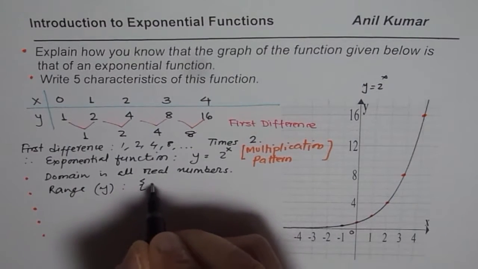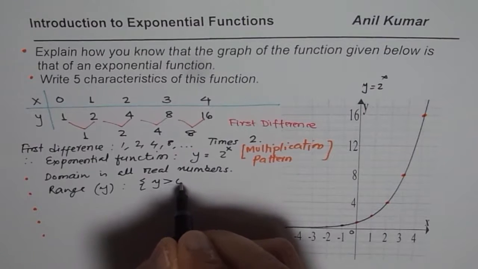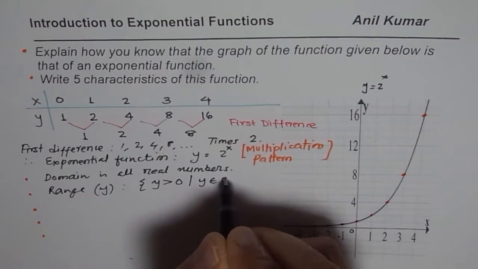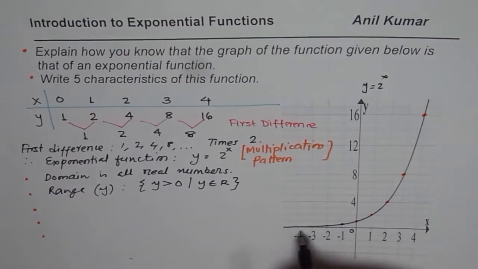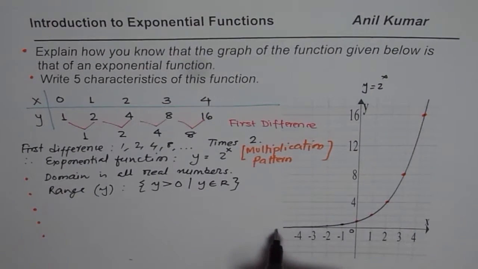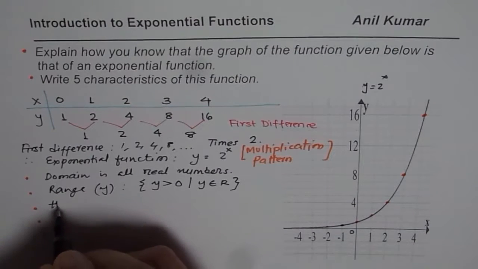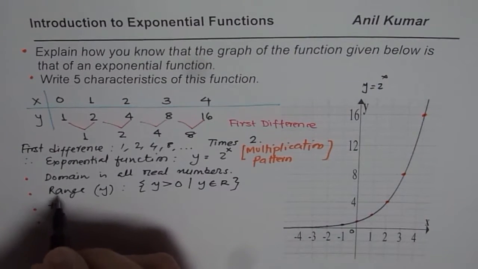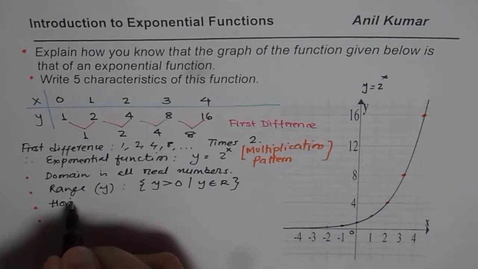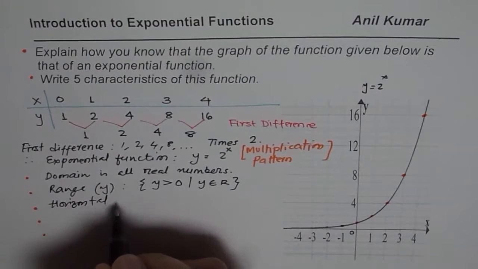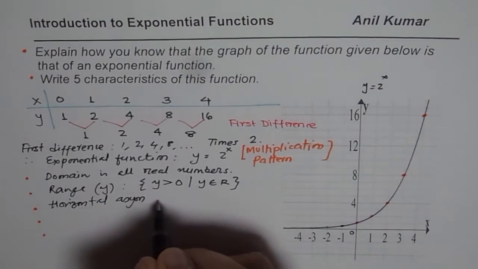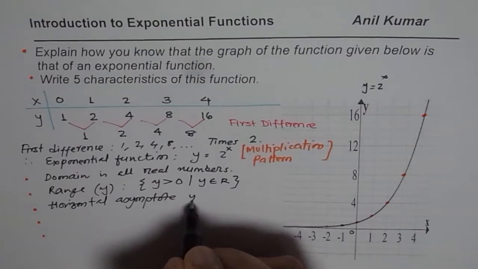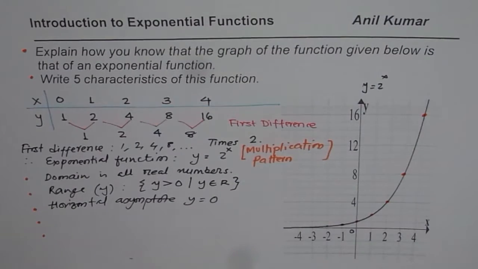We could write in curly brackets that y is greater than 0 where y belongs to real numbers, correct? So y values are greater than 0. Then horizontal asymptote is a very good characteristic of exponential function. So horizontal asymptote in this case is the x-axis, which is y equals 0.